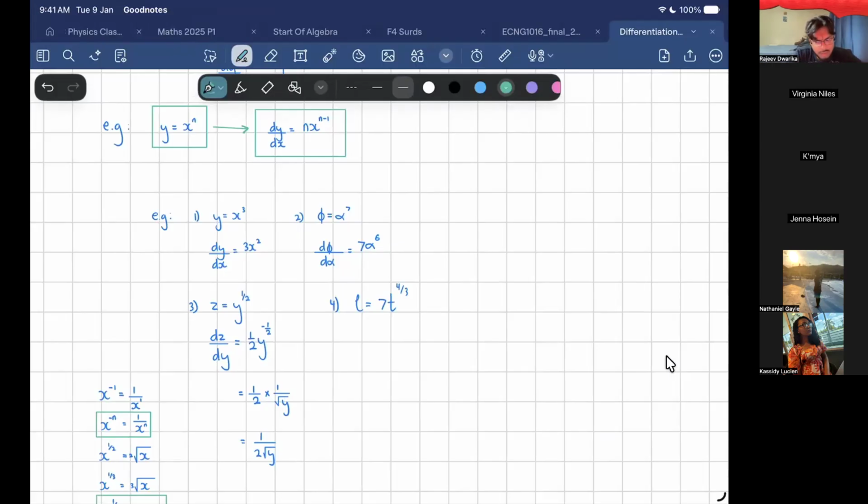I want you to differentiate it. I want you to find the first derivative of that function. I want to see what y'all are going to do.